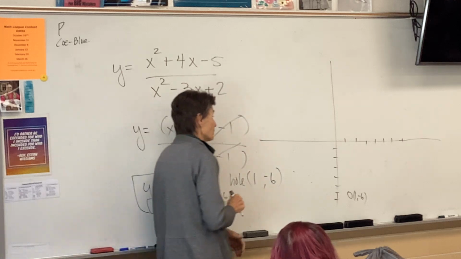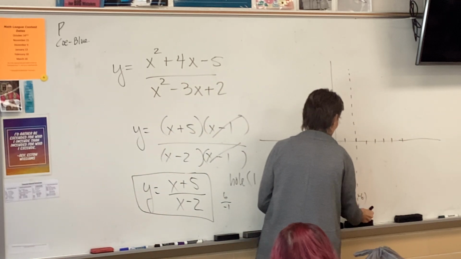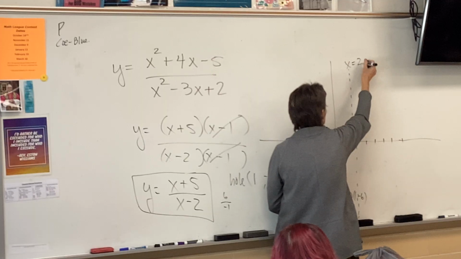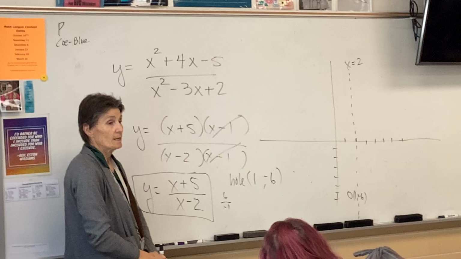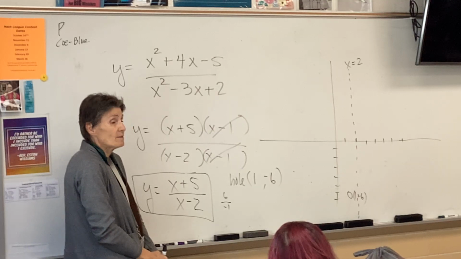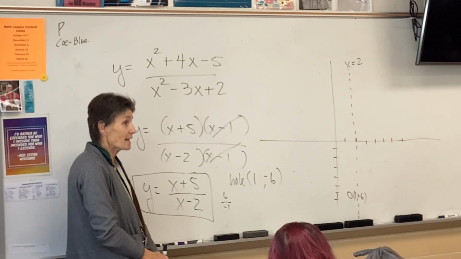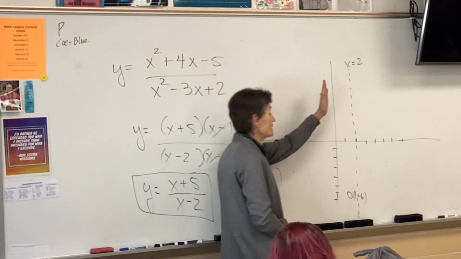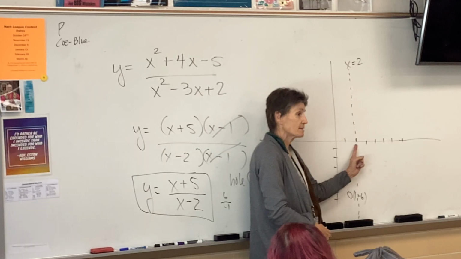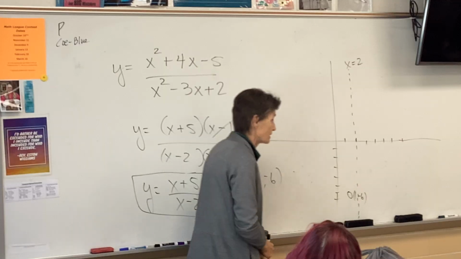X equals 2. So I have a vertical asymptote at x equals 2. If you just put 2 in the answer blank, you'll miss half credit because we have x equals and y equals lines, right? I know this one is x equals because vertical lines cross the x-axis.